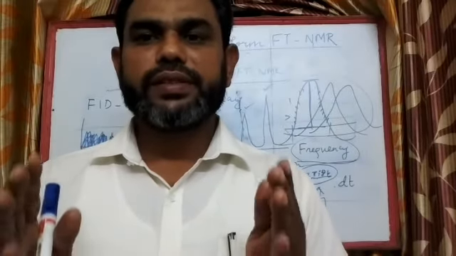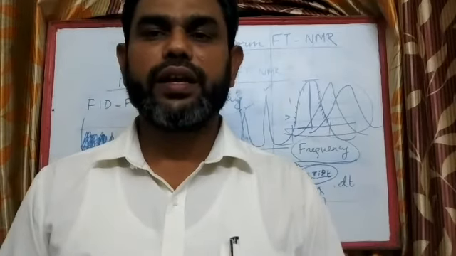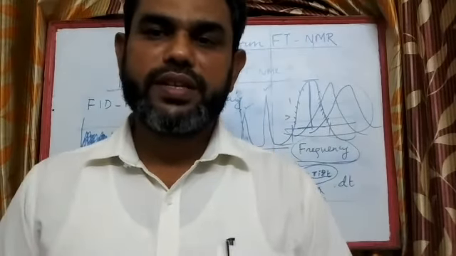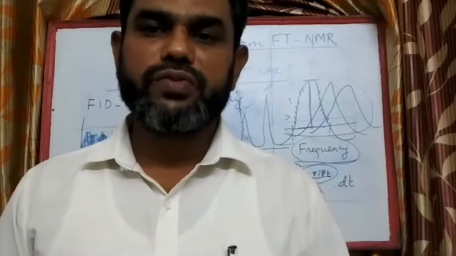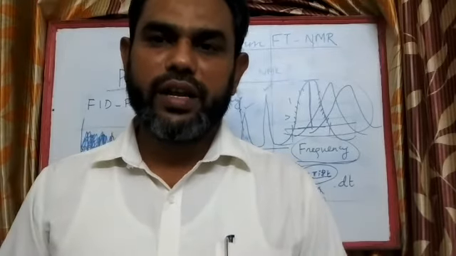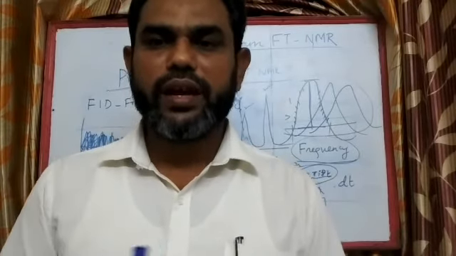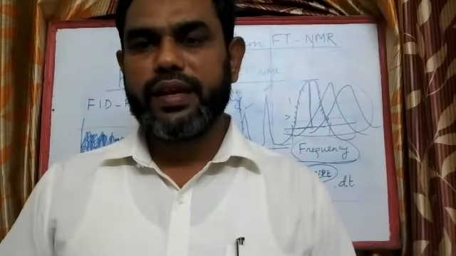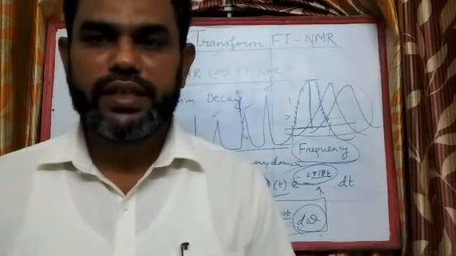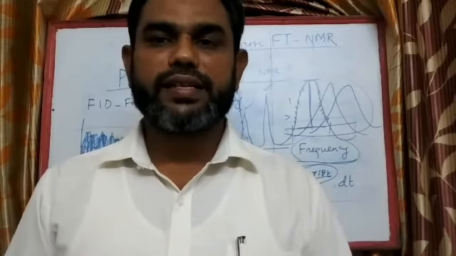The spectra possess very low noise and very good sensitivity, and this can be used for studying dynamic processes in a chemical reaction. So you can ascertain the mechanistic pathways of chemical reactions which take place in a few microseconds or milliseconds range.